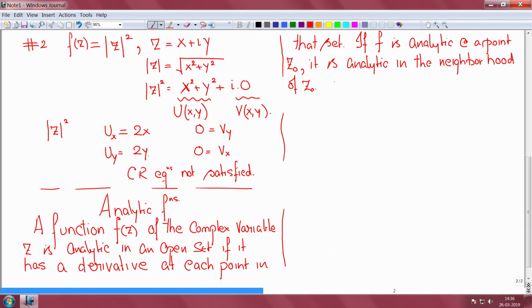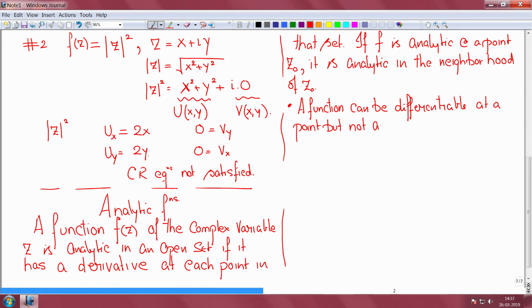Here a few cases arise for our better understanding. One is a function can be differentiable at a point but not analytic at that point.